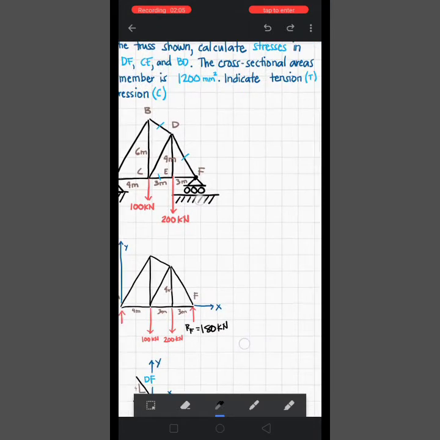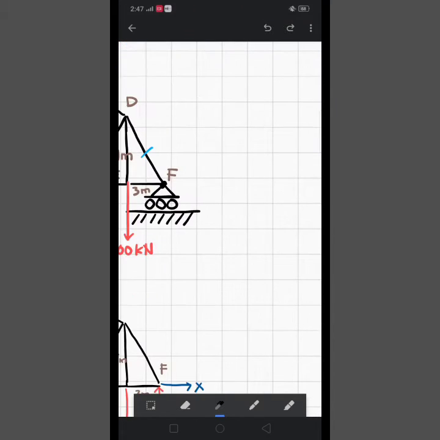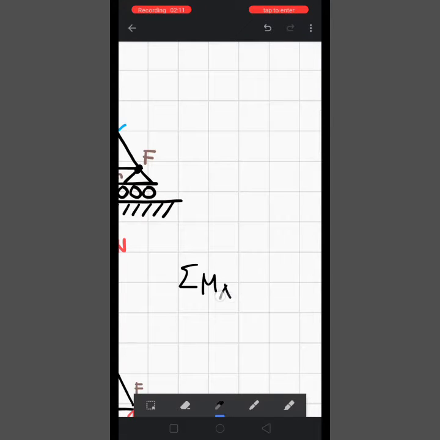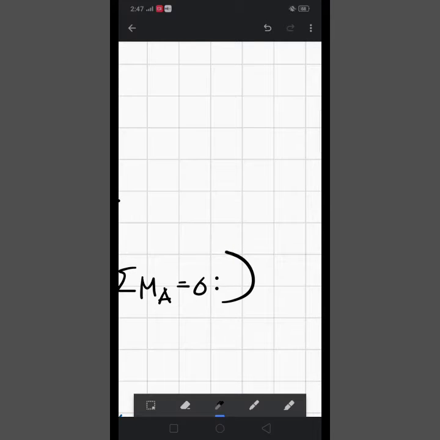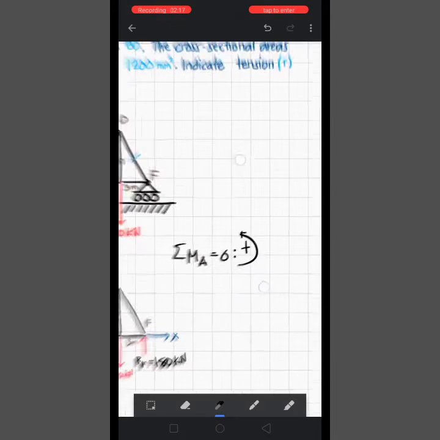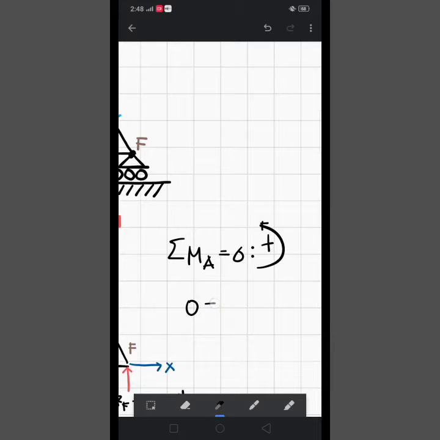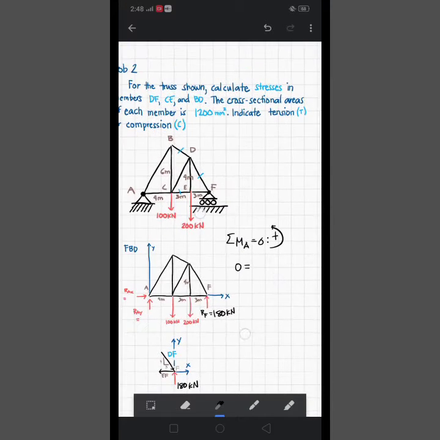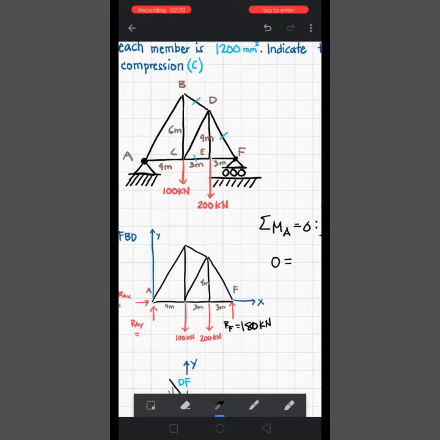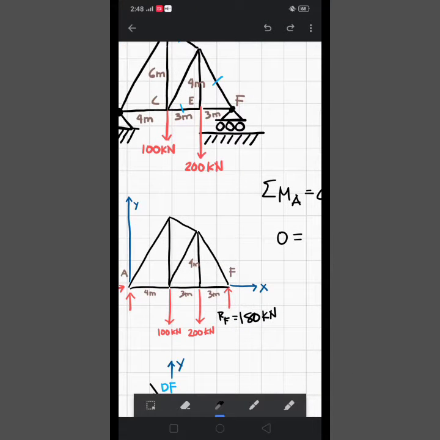So to solve for the reaction, we just have to sum all the moments on point A and equate it to 0. If we assume counterclockwise as positive, we'll then have 0 equal to, since RF turns the whole system counterclockwise, therefore RF is positive.